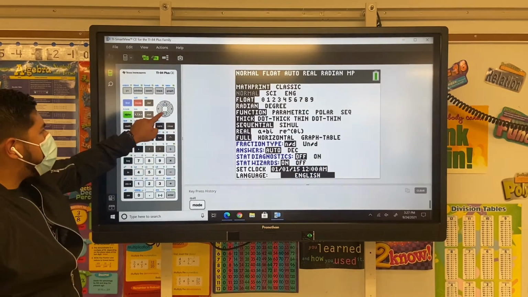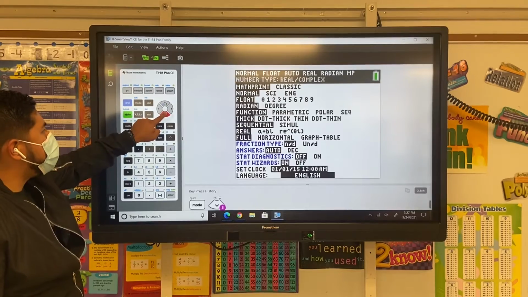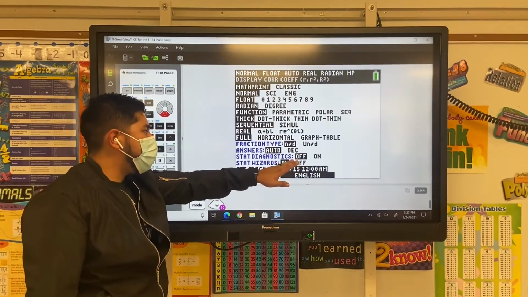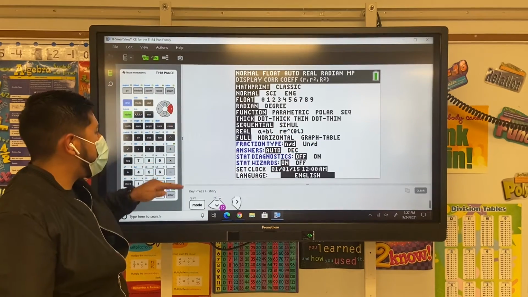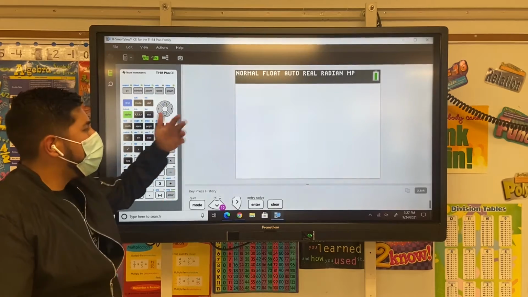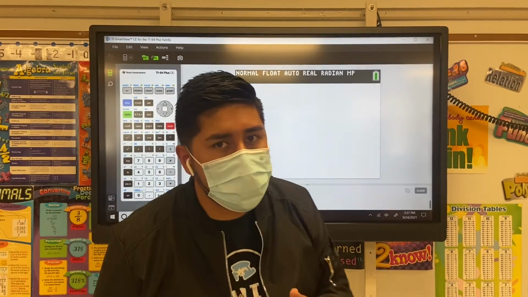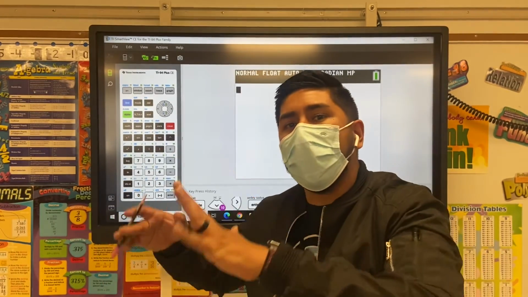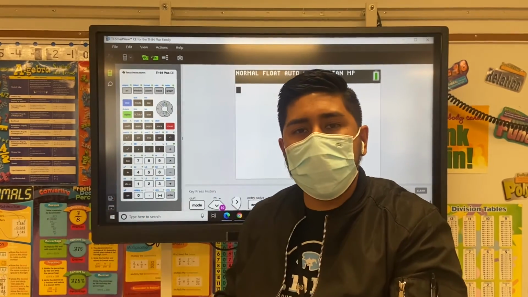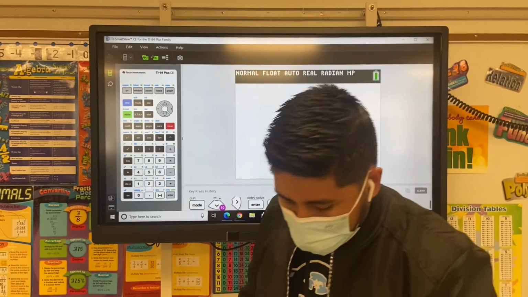Press down till you see stat diagnostic blinking. You see the off button blinking. Press the side button to turn it on. We're good to go. Press clear. Our calculator is ready to use. We're not going to talk specifically about all the variables we're going to see, but I want you to get used to doing that.